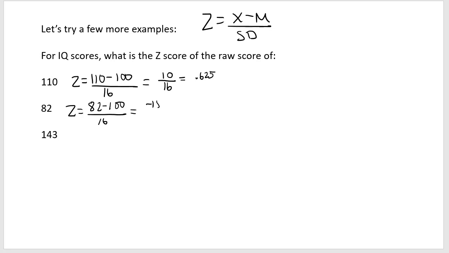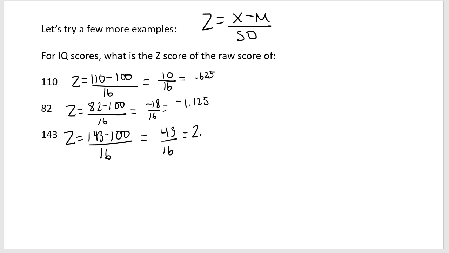So that equals negative 18 divided by 16, which is equal to negative 1.125. z is equal to 143 minus 100 divided by 16, which is equal to 43 divided by 16, which is equal to 2.6875. You could easily round that to 2.69 if you'd like to. So those are three examples of how we can convert raw scores to z-scores.